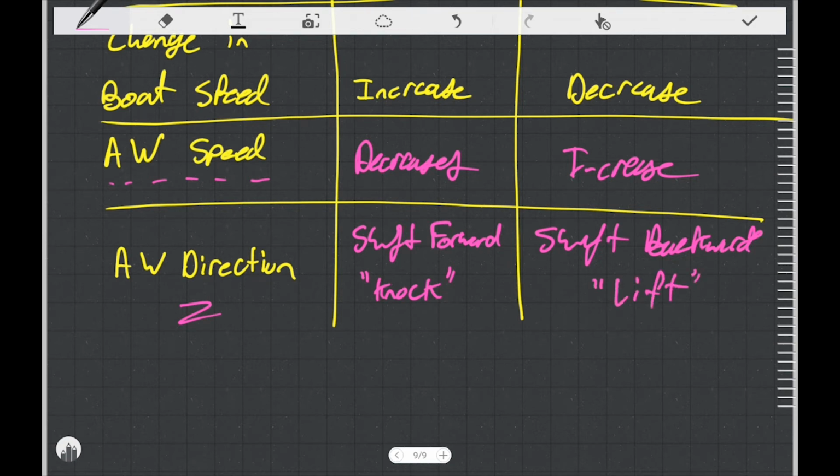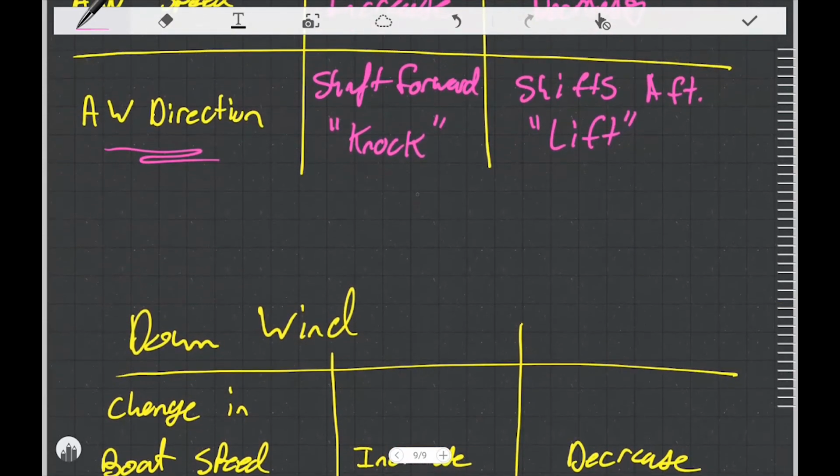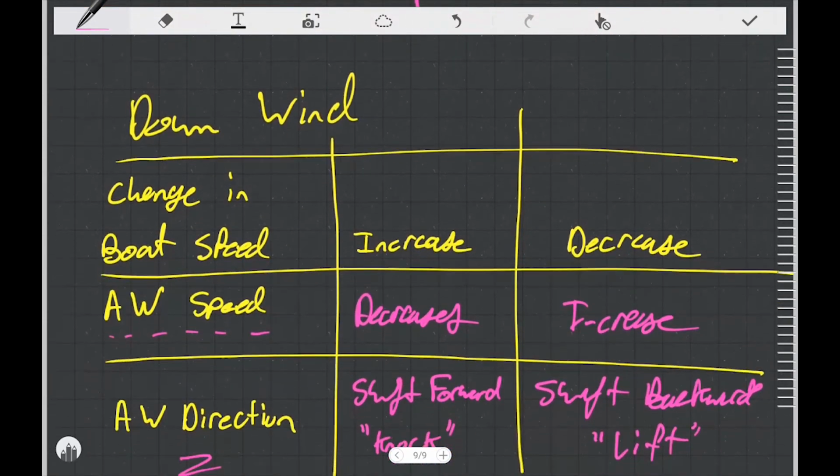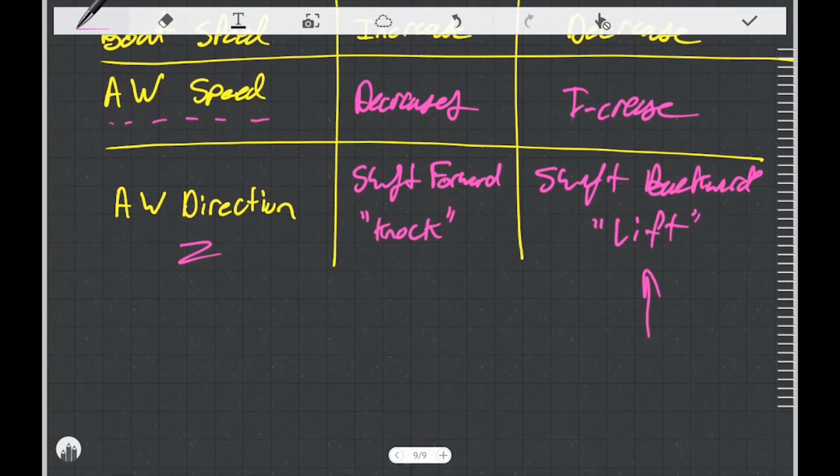So again, in general, the direction change is the same whether you're going upwind or downwind when you change the boat speed, but the magnitude of the apparent wind velocity vector is opposite. And you can try to prove these columns for yourself if you want, just by reversing the example and drawing the diagrams.